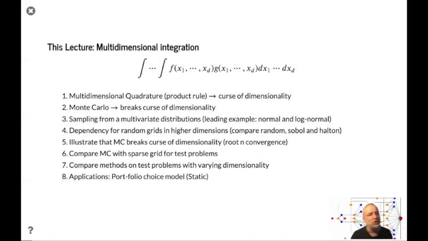The problem here, the curse of dimensionality, is really that the number of required quadrature nodes to obtain a given degree of approximation for a given dimension of the integral is just increasing exponentially in the dimension of the problem. So it increases exponentially in d. So that's a motivation for doing Monte Carlo, which effectively breaks that curse of dimensionality.